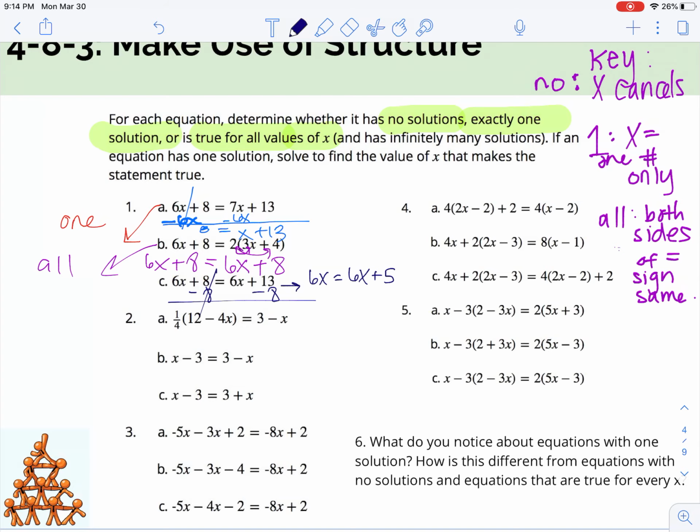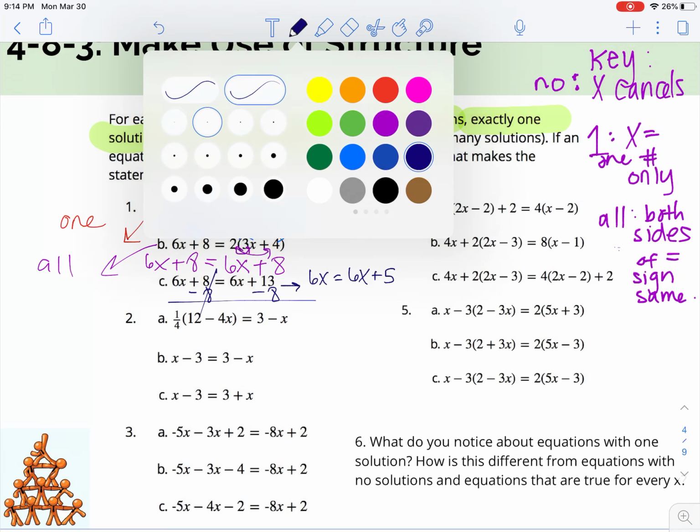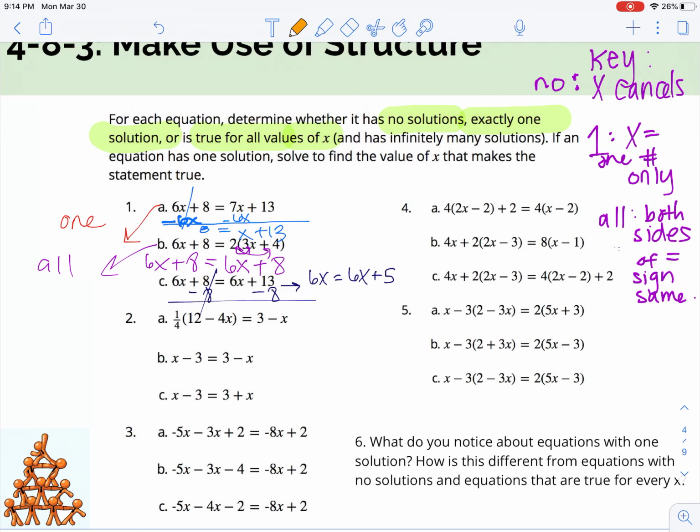So if I try to do the next step, I want all my x's on the left. So I'm going to minus 6x, like this, minus 6x. But then what happens is it all goes away. And I just have 0 equals 5. Well, that doesn't make sense, right? 0 doesn't equal 5, and you don't have an x anymore. So what that means when you get a weird thing like that, it's just none.